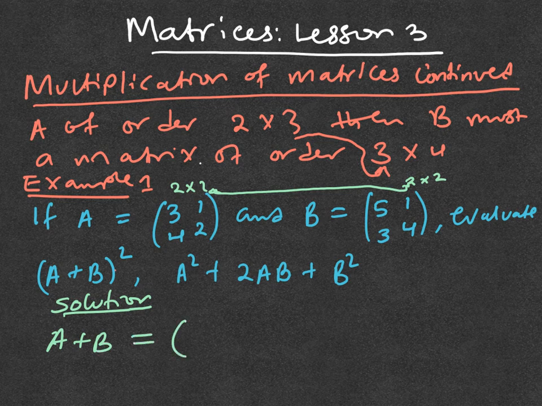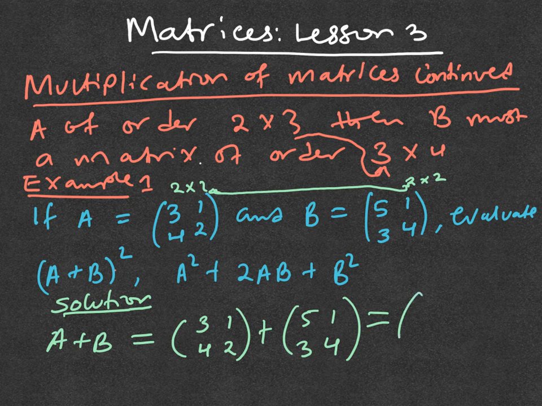This is going to be 3, 1, 4, 2, added to 5, 1, 3, 4. We add the corresponding entries. You get 3 plus 5, then 1 plus 1, and the same thing happens down: 4 adds to 3, and 2 adds to 4.